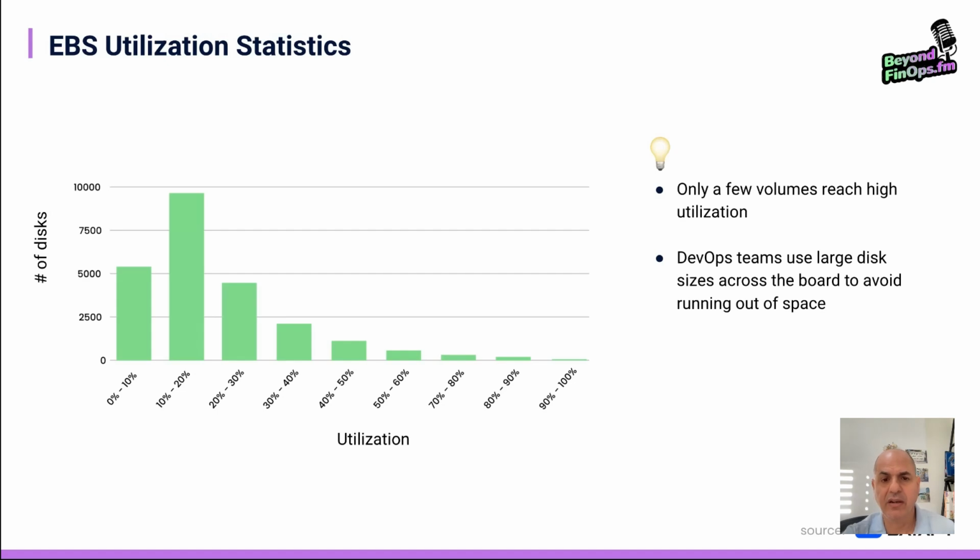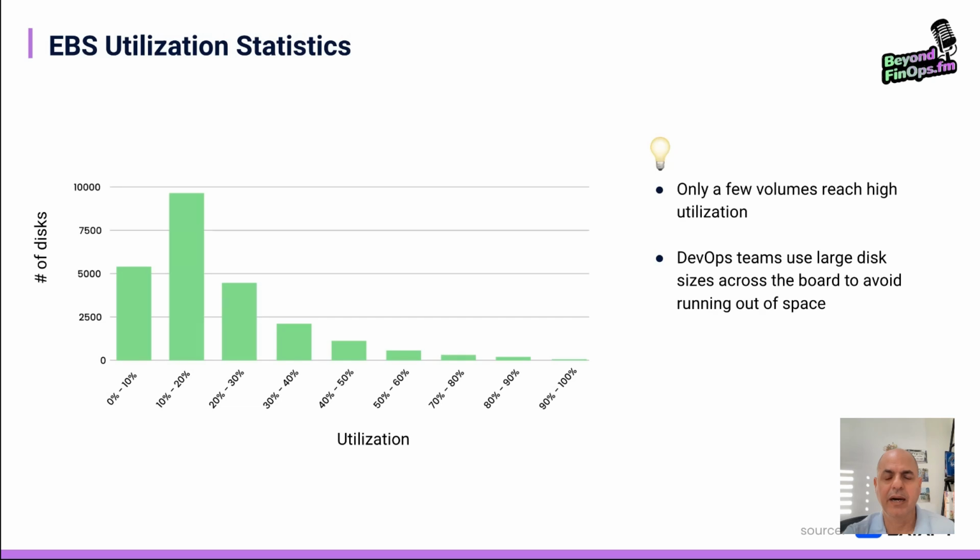Now, if you have thousands of those, and most likely you do, that's a lot of dollars that can be considered waste and can be saved. On the right side are the disks that are highly utilized, and we see that it's a really low amount of disks.